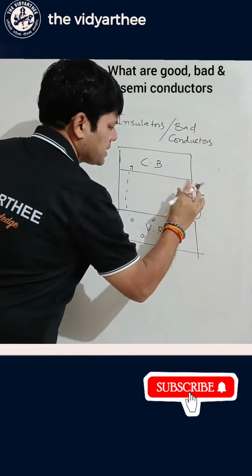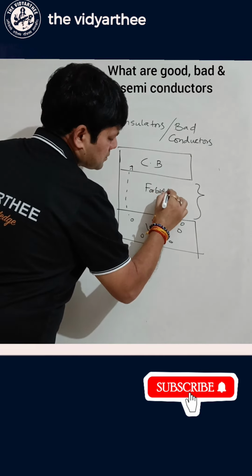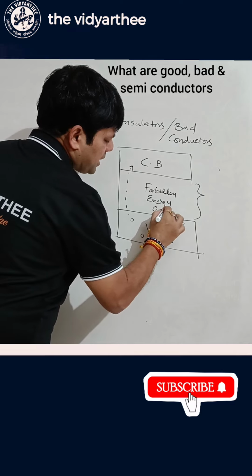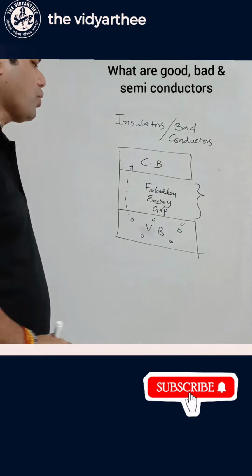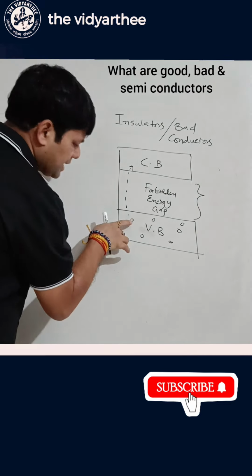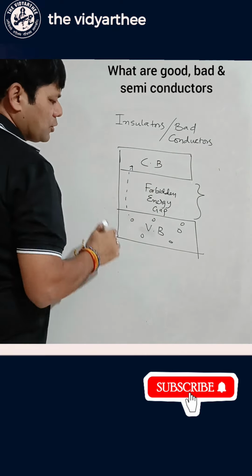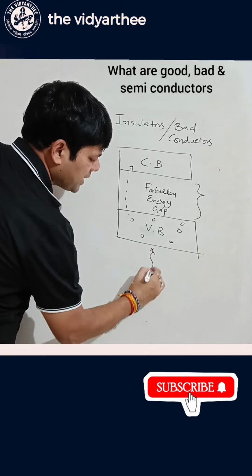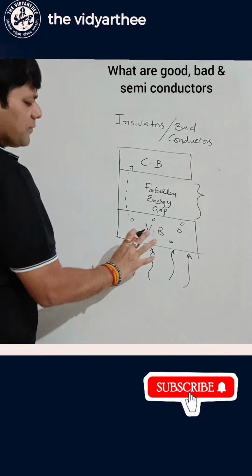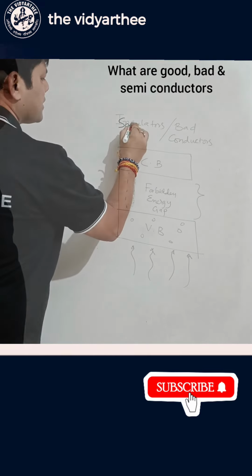Now this gap is called the forbidden energy gap. So what is forbidden energy gap? Where electrons are not allowed to occupy the space. The electrons should be able to reach the conduction band to conduct. Since they are unable to do so, even on application of heat, the heat will burn the material before the valence electrons jump to the conduction band. Hence, they are insulators. I hope this is very clear.